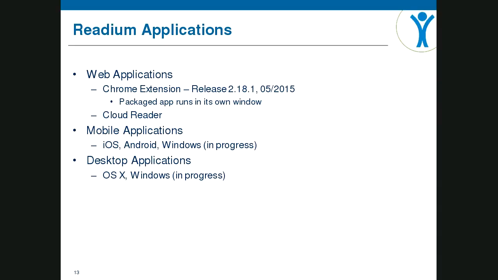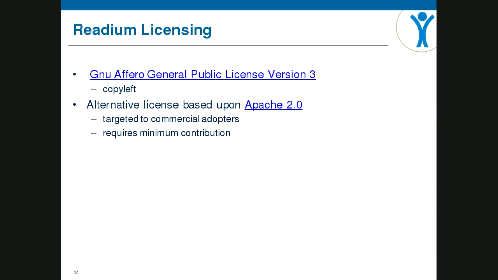Slide 14. The licensing, there's information there about the Readium licensing. There's an announcement we were not able to make when Becky and I first did this presentation, but it's public now: we've opened in Europe the European Reading Lab in Paris, focused on Readium developments and EPUB promotion throughout Europe, and it's funded by publishers and the government in Europe.